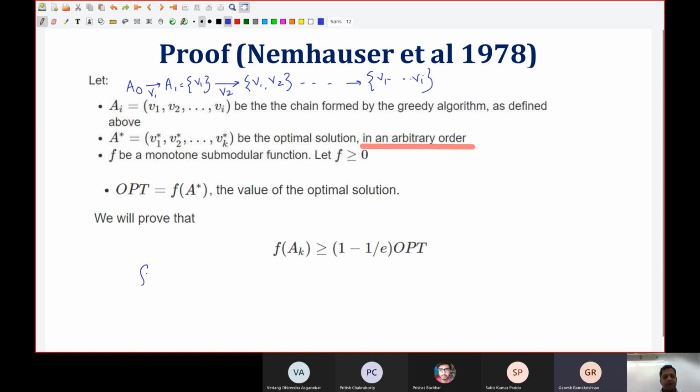So f of Ak. Now there are multiple ways you can write f of Ak. One thing we're going to see is that you can write f of Ak as a telescopic sum from A star to Ak. Can you think of how you would write it? That's going to be key. Okay, key step in our proof.